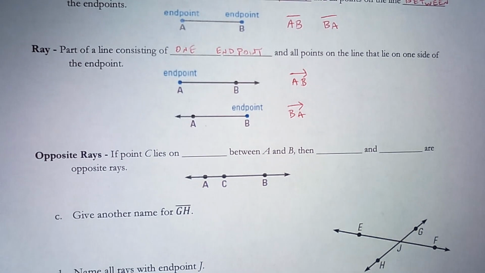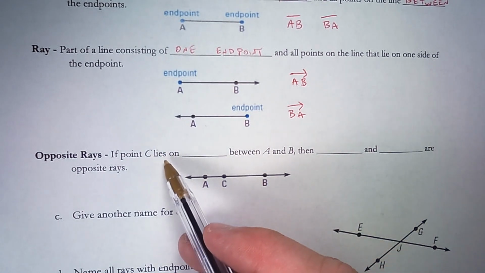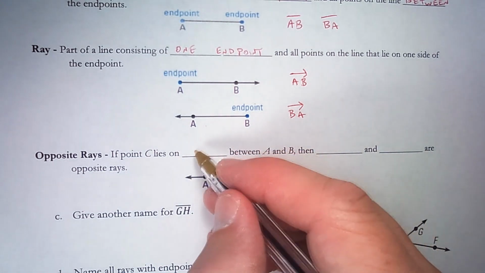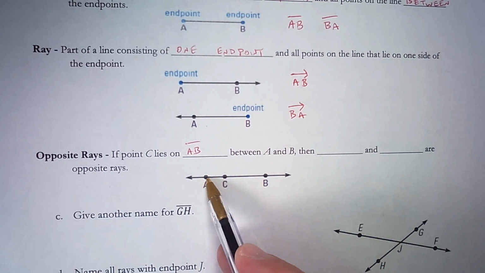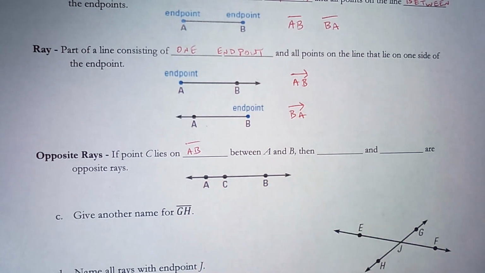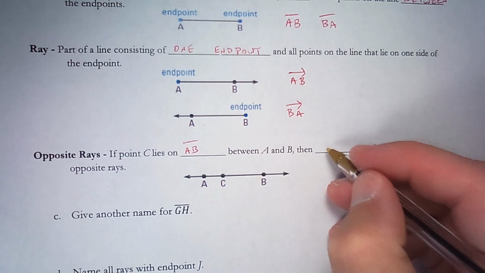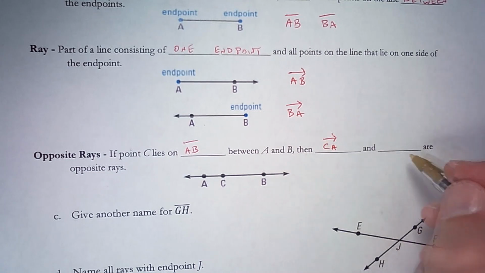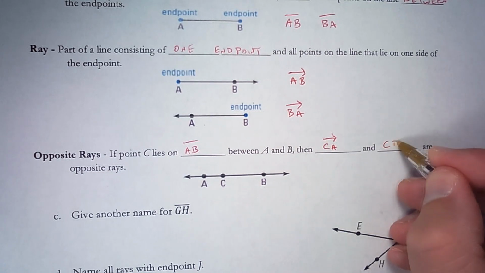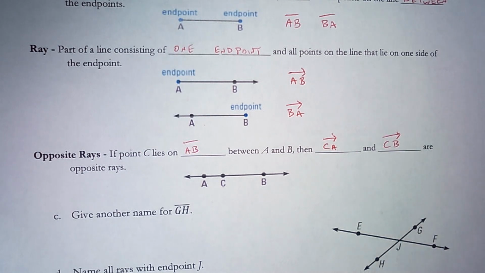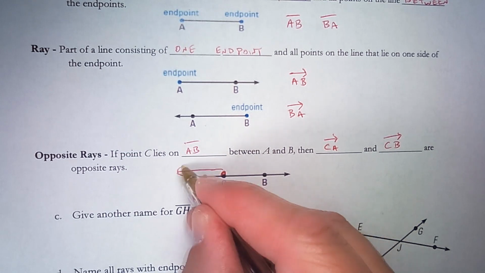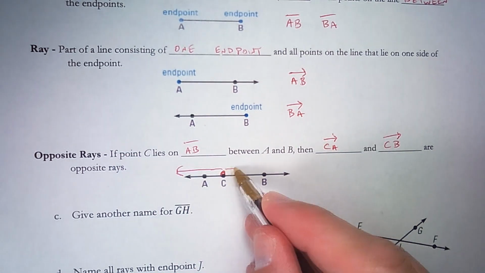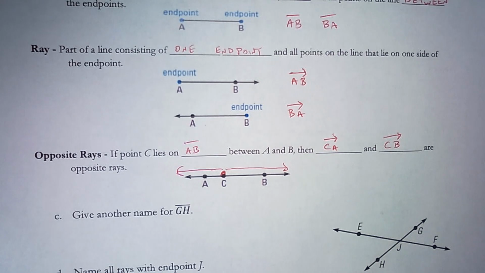Opposite rays. If point C lies on segment AB, okay, which means C is somewhere between A and B, then ray CA and ray CB are opposite rays. Okay, so I've got ray CA that goes this way and ray CB that goes this way. Those are opposite rays.